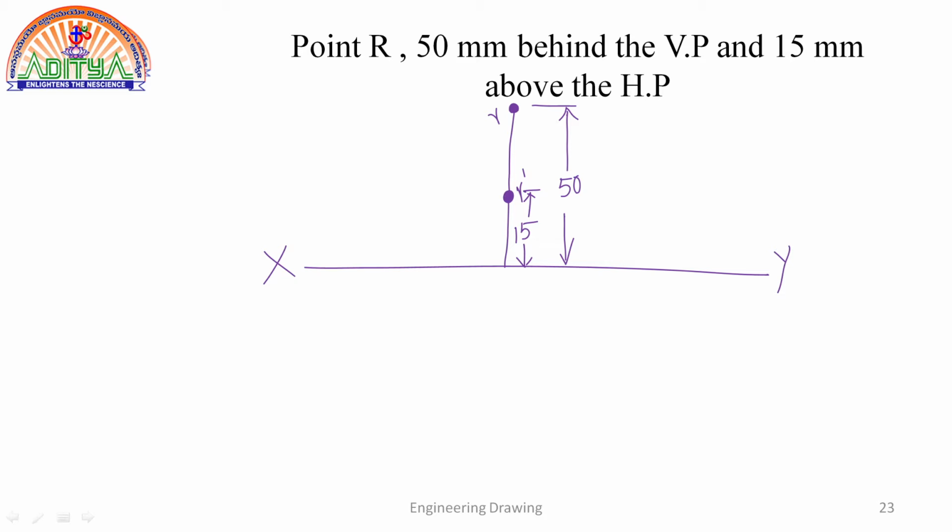Okay. So this is r dash, the front view with a dimension 15, and r, the top view with a dimension 50. So this is the final solution for our given question: point R is 50 mm behind the VP and 15 mm above the HP. Now we will see the next question.